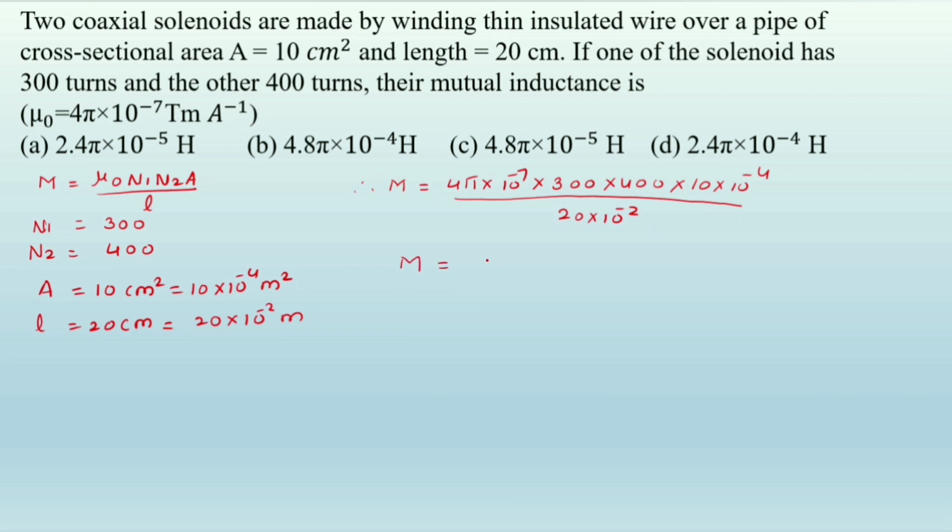So M equal to, we can get 2.4 pi into 10 raised to minus 4 Henry. By calculating all these values, we got 2.4 pi into 10 raised to minus 4 Henry, that is option D.